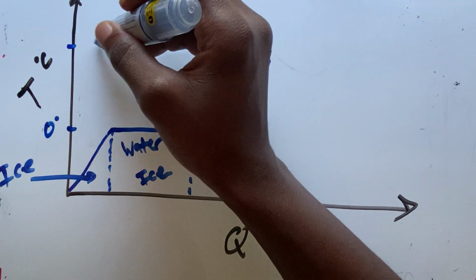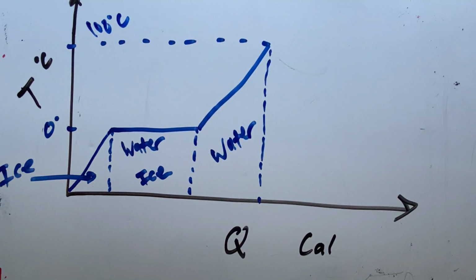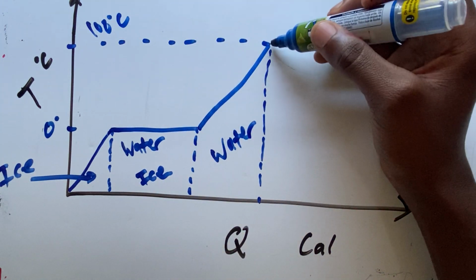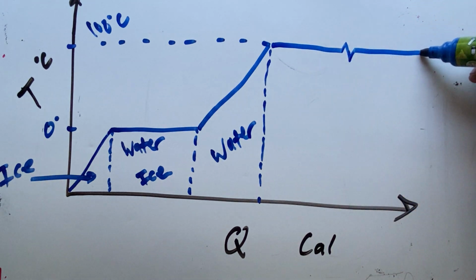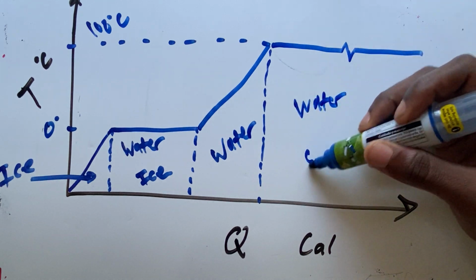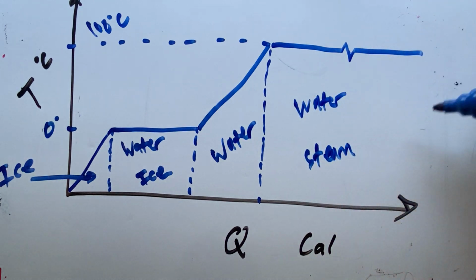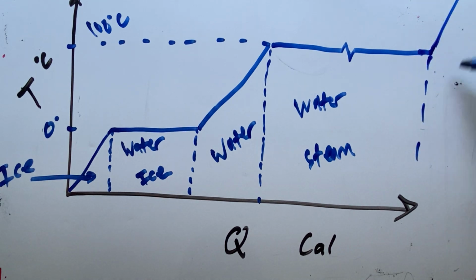At this point, you can imagine that being 100 degrees Celsius. At 100 degrees Celsius, it's going to begin to steam. Then this here would be water and steam. Then the temperature increases, and all that after here is just steam.